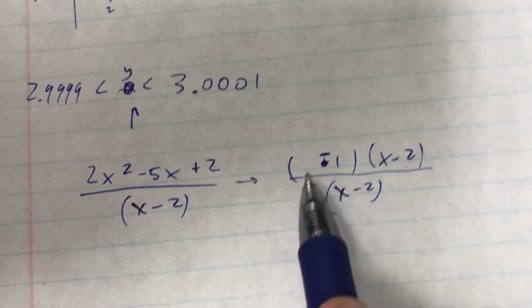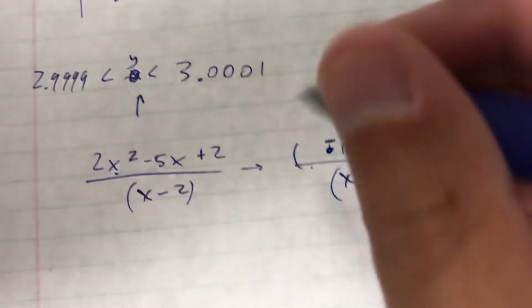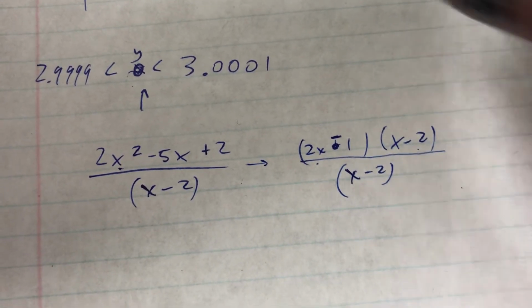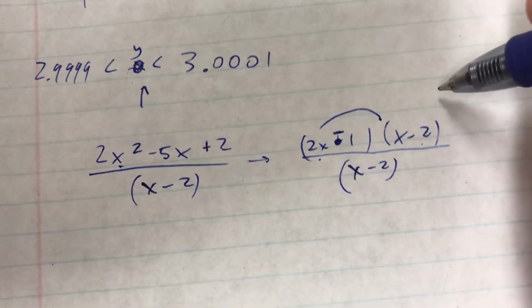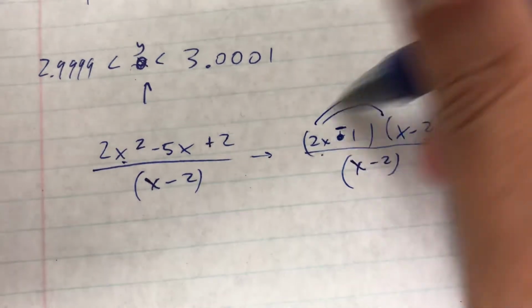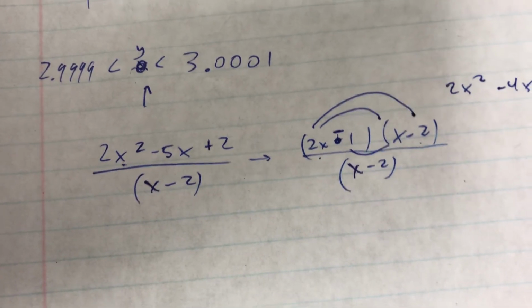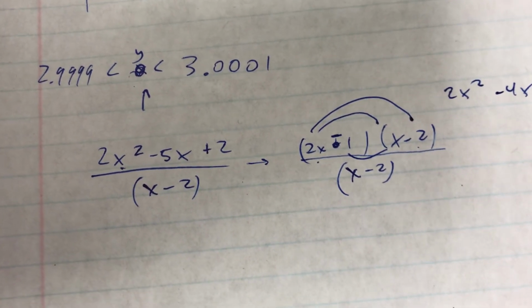And to multiply the first two positions to get a 2x squared, I would need a 2x. And I think this is going to do it. So 2x times x is 2x squared, minus 4x, minus 1x, plus 2.